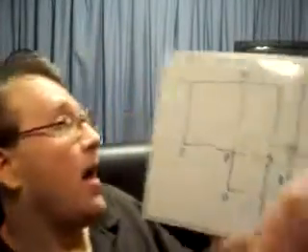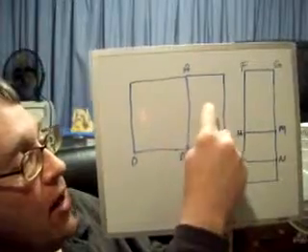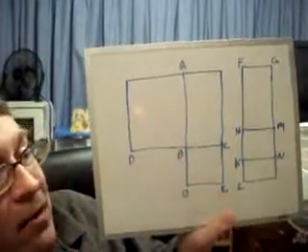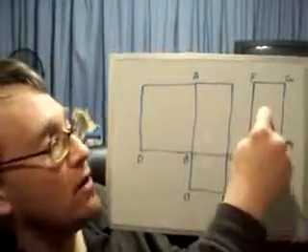Now, I was talking about areas. In case you weren't paying attention, as this area is to this area, so is this area to this area. That's what Euclid was saying anyway. But AD is equal to GH, so this area is equal to this area.